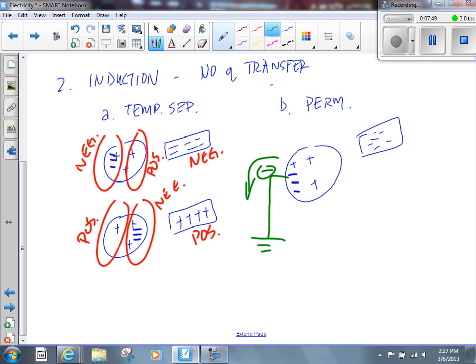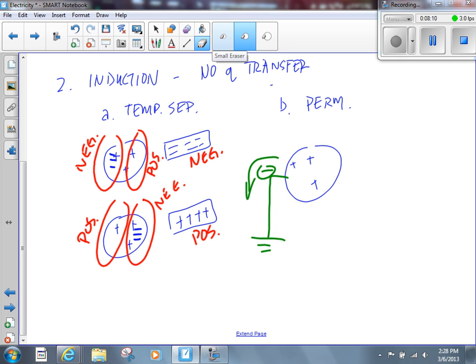So now we have not just electrons being pushed to the left-hand side, we have the electrons being pushed to the left side and out of the neutral object. That leaves us now with a net positive charge on this entire object. That, however, is going to go back to the way that it was before, neutral, if I take this object away.